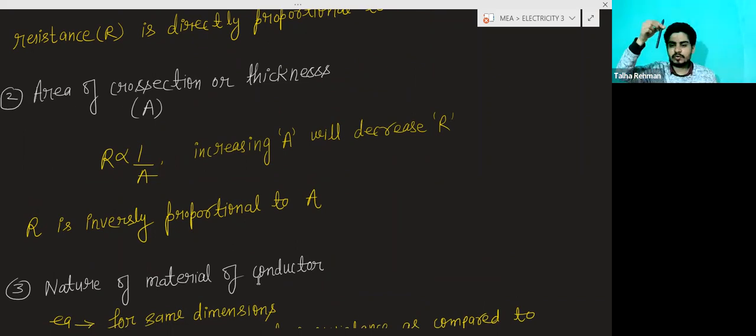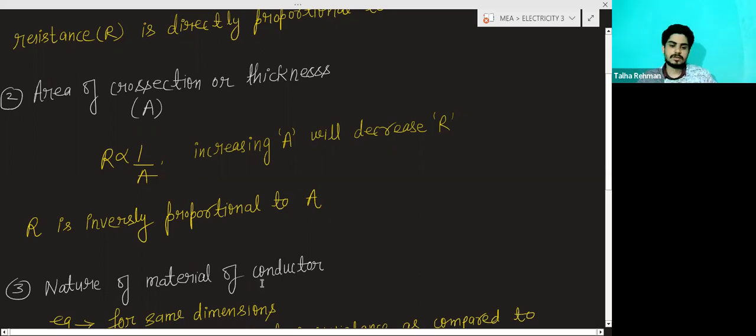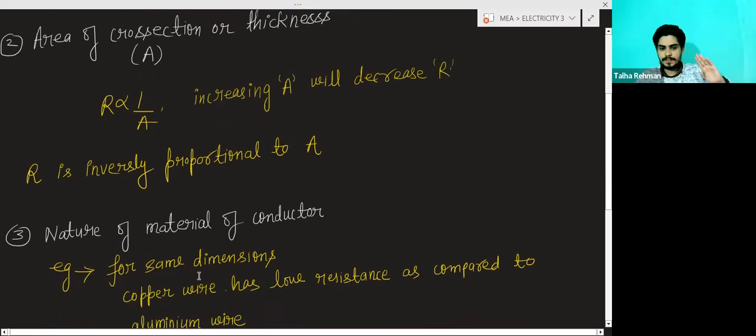This is copper and this is aluminium. If I calculate the resistance of the copper wire of the same dimension, it will be less compared to the aluminium wire. For the same dimension, copper wire has low resistance compared to the aluminium wire.